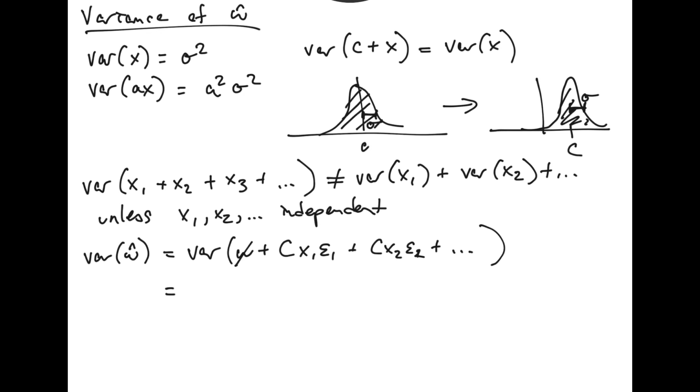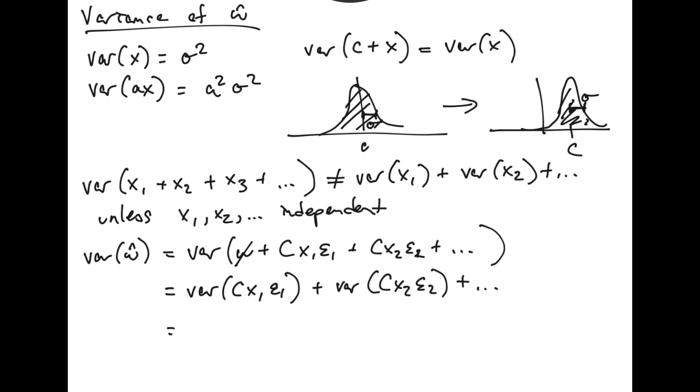The second thing we can see is that this is just equal to the variance of the sum, which is the sum of variances, because the epsilons are independent, as we established earlier. It's actually one of our modeling assumptions. So variance of c x2 epsilon 2 and so forth. And then we can use the first identity.